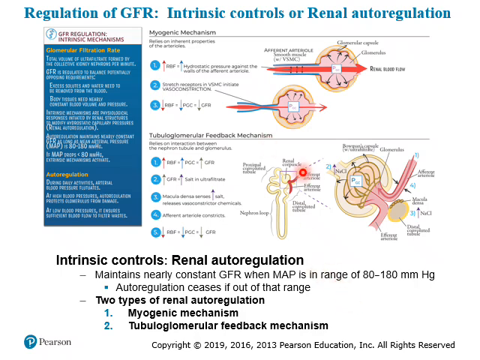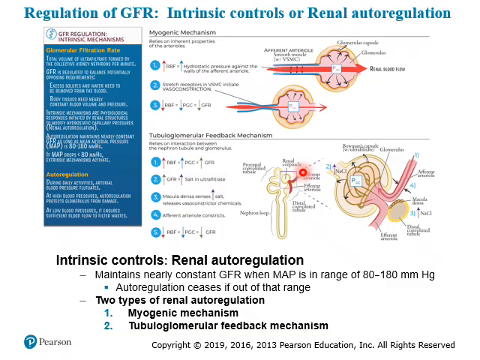So only within that range. If it is lower than 80 or higher than 180, your intrinsic control is not going to happen in such extreme cases. The autoregulation of the intrinsic mechanism would cease if the pressure is out of range.